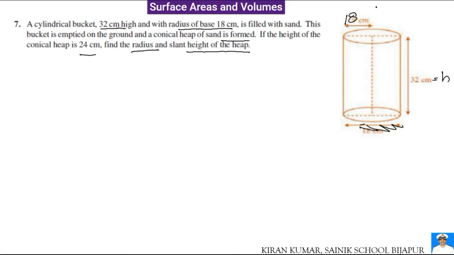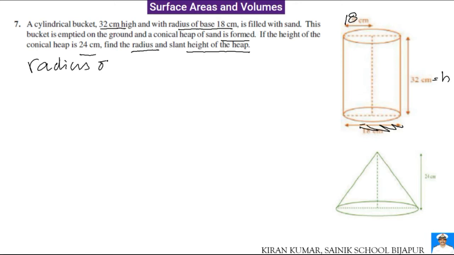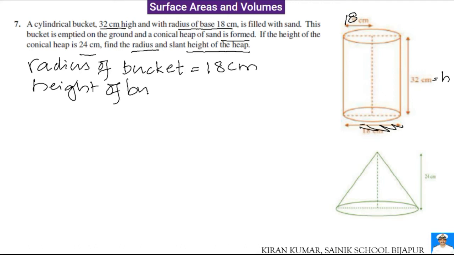This bucket is emptied on the ground and a conical heap of sand is formed. It would look like this, and the height of this cone is 24 centimeter. Here, the radius of the cylindrical bucket is 18 centimeter. Height of the bucket is 32 centimeter.